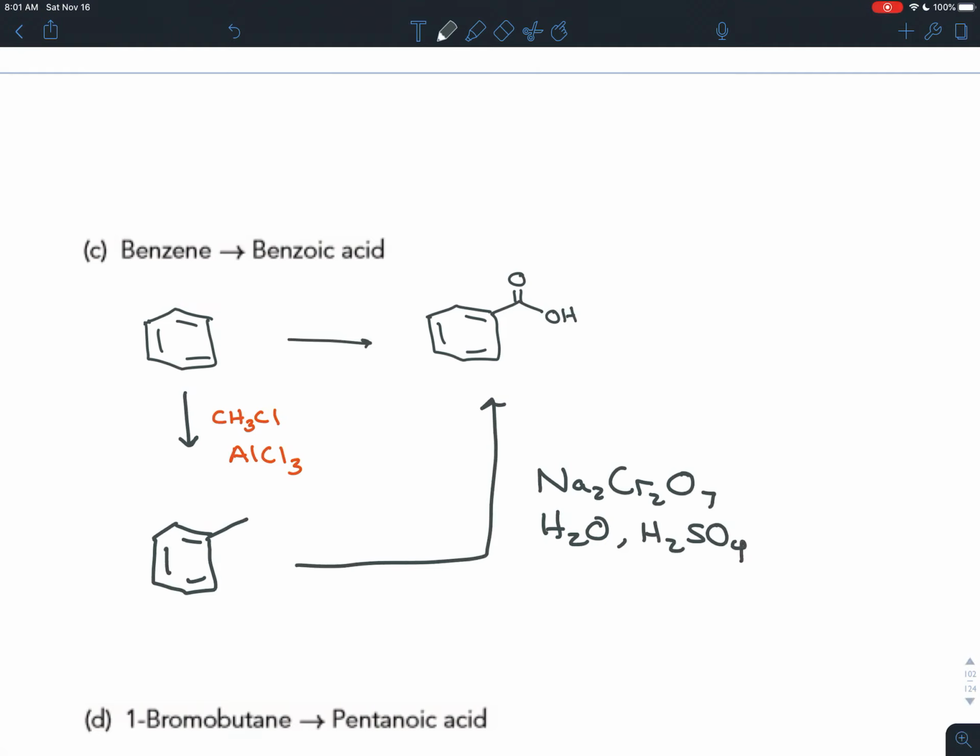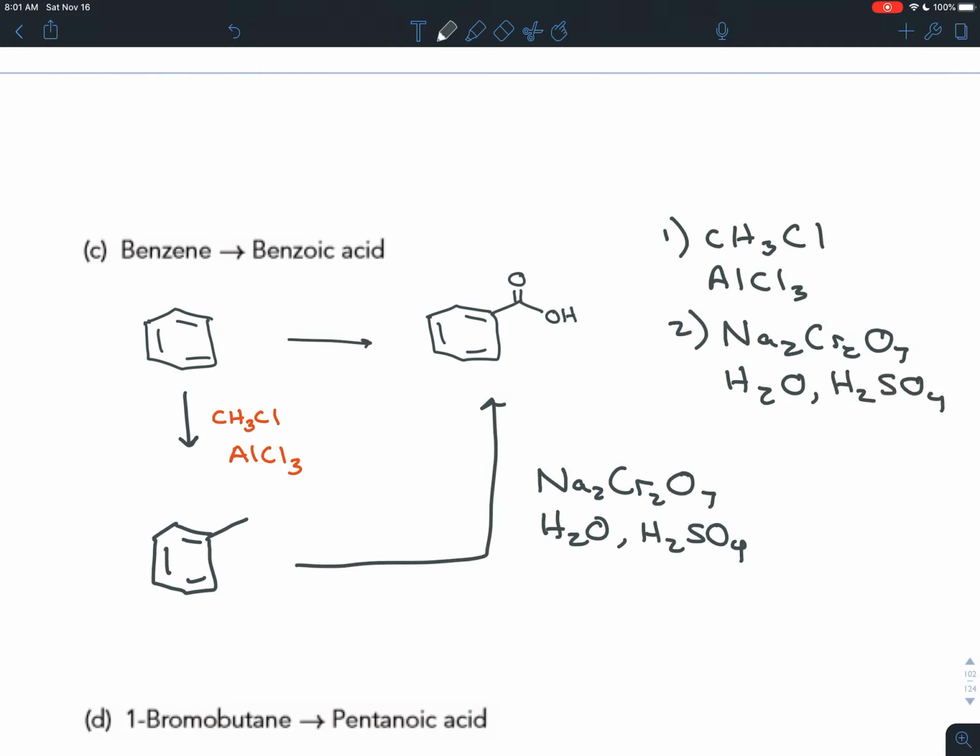And that will oxidize that carbon all the way to a carboxylic acid. So the whole recipe here would first be methyl chloride, or chloromethane if you prefer, with AlCl3, and then followed by sodium dichromate in an acid-water wash.